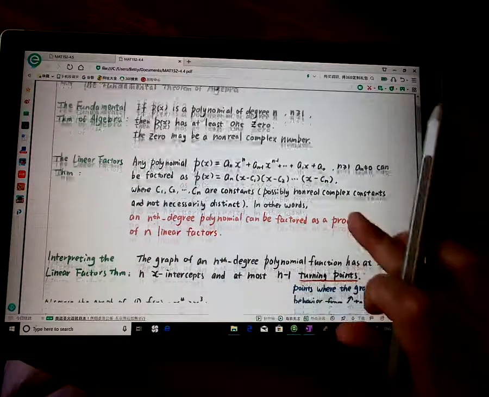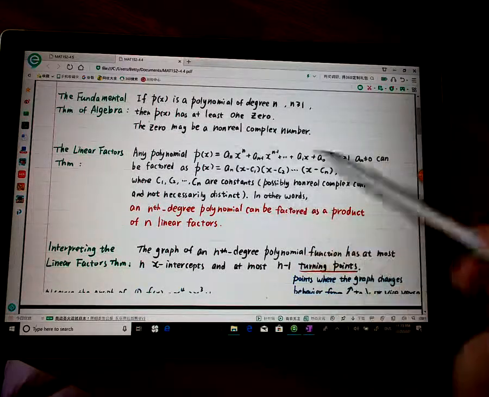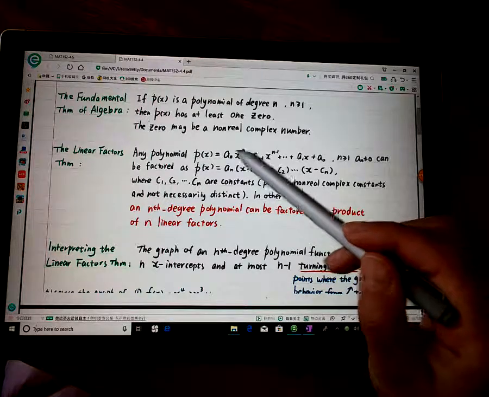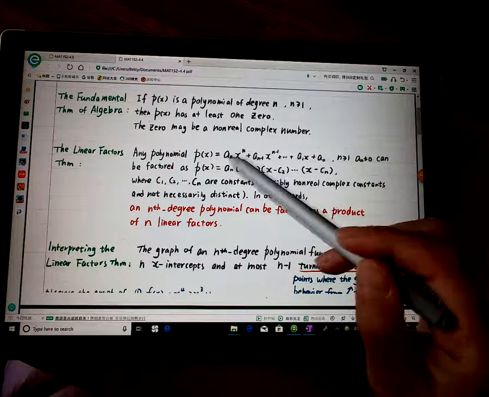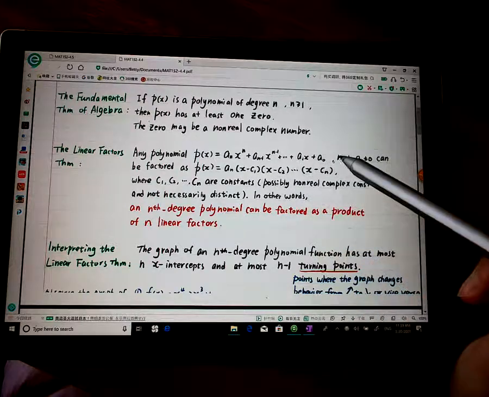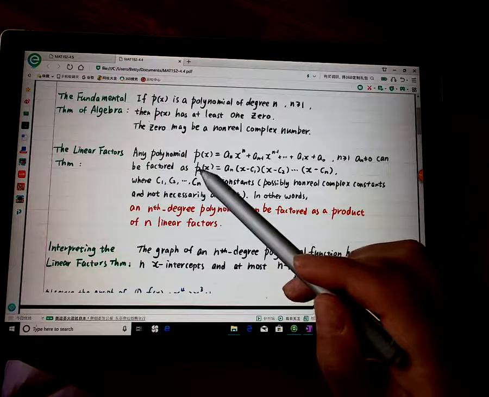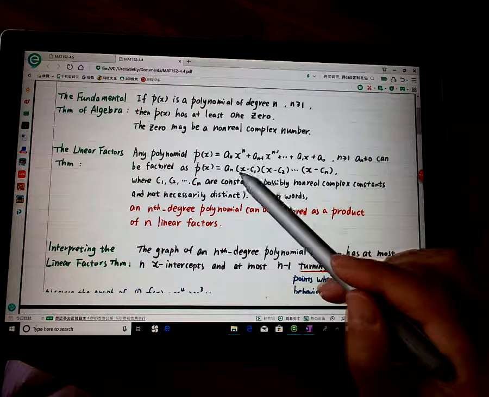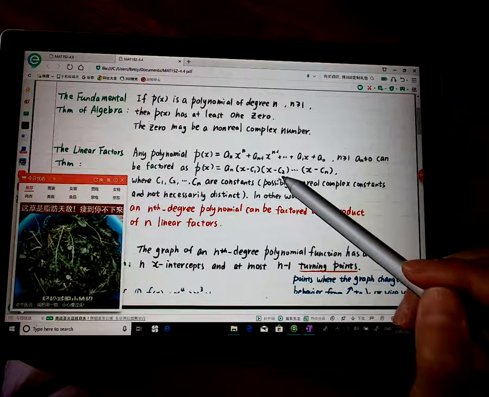Let's see the content here. We have a polynomial p of x. Leading coefficient is non-zero, guaranteeing that the polynomial function has degree n. All those coefficients are real numbers. Then we are able to factor the polynomial function p of x as the product of n linear polynomials.